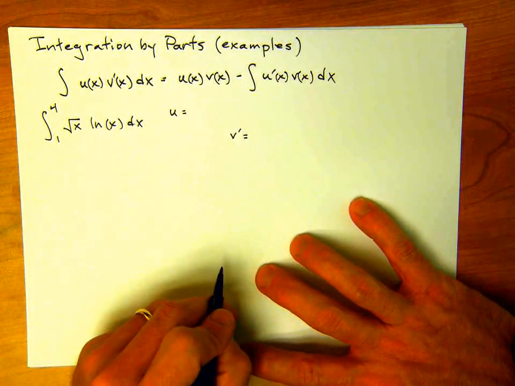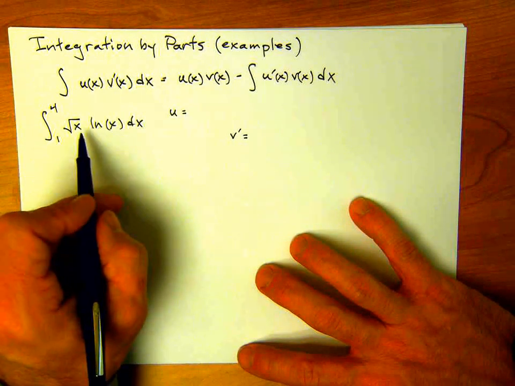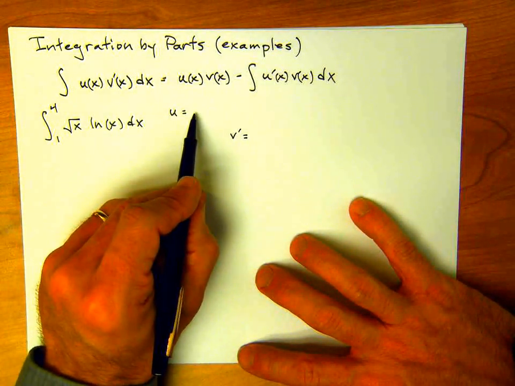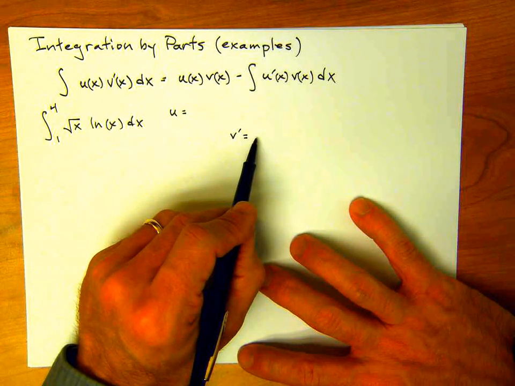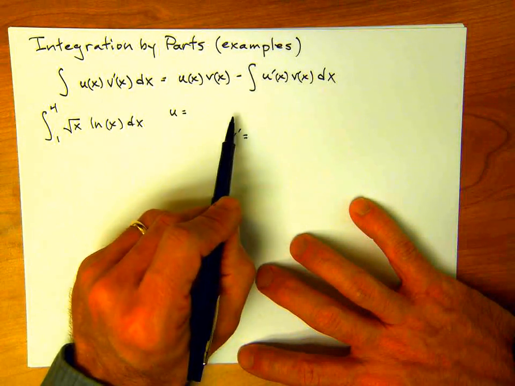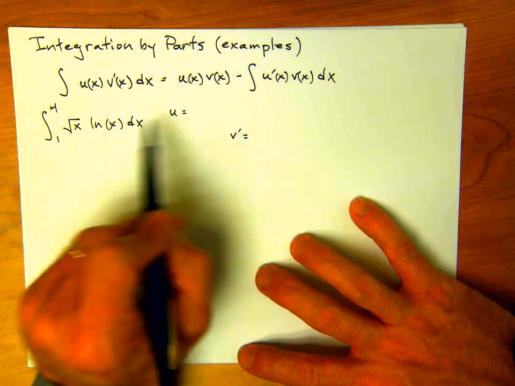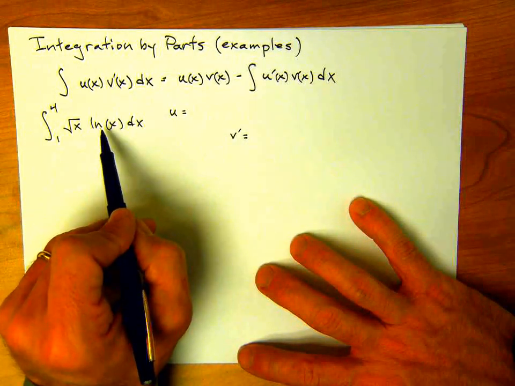Now we could let u be square root of x, but then that would leave v prime to be natural log. We don't really know what the antiderivative of natural log is, but we do know its derivative.